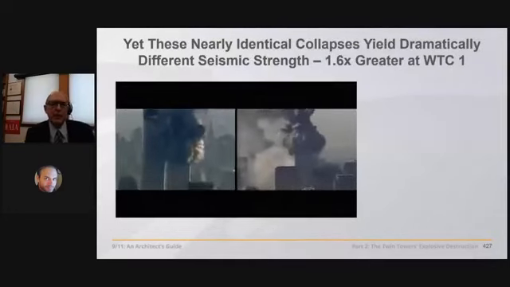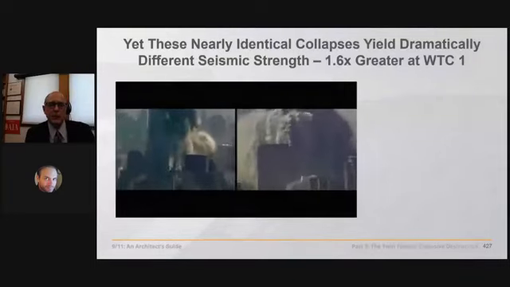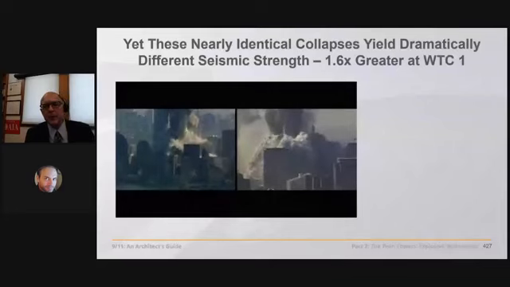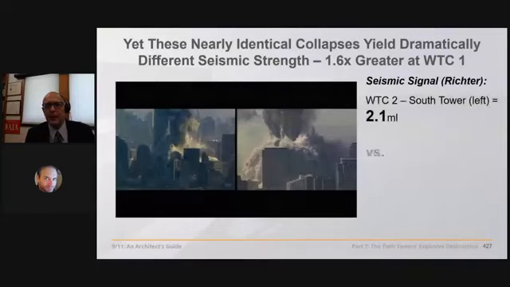And by the way, here we have nearly identical buildings, and as you can see, nearly identical collapses, yet producing extremely different seismic events. One's 1.6 times greater, the North Tower. See, this is on the logarithmic scale.